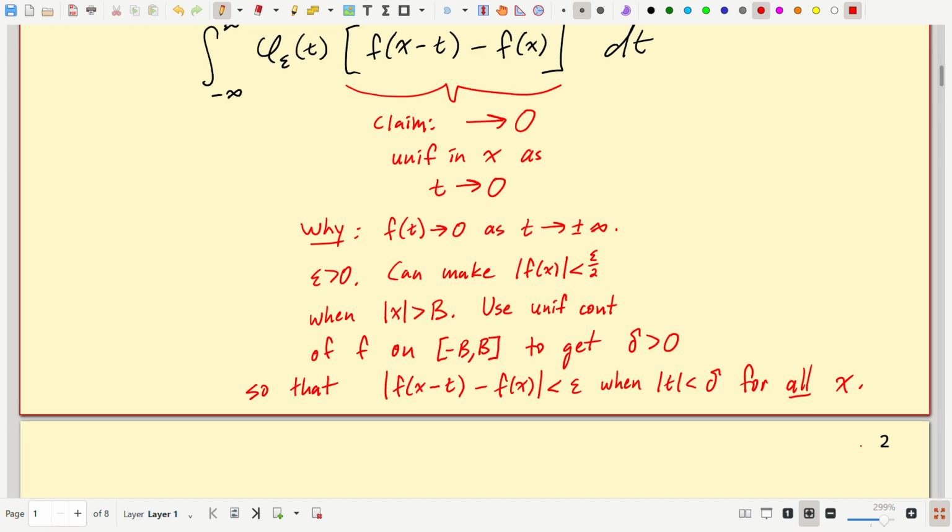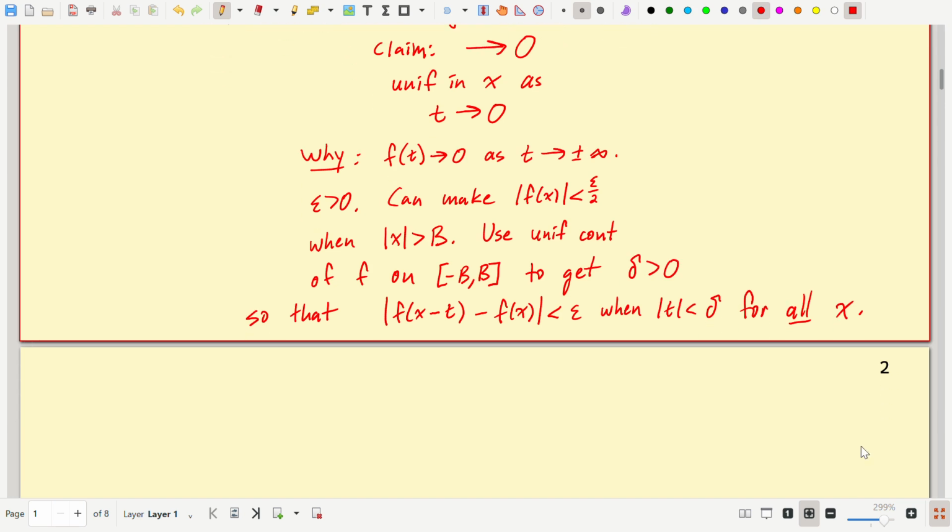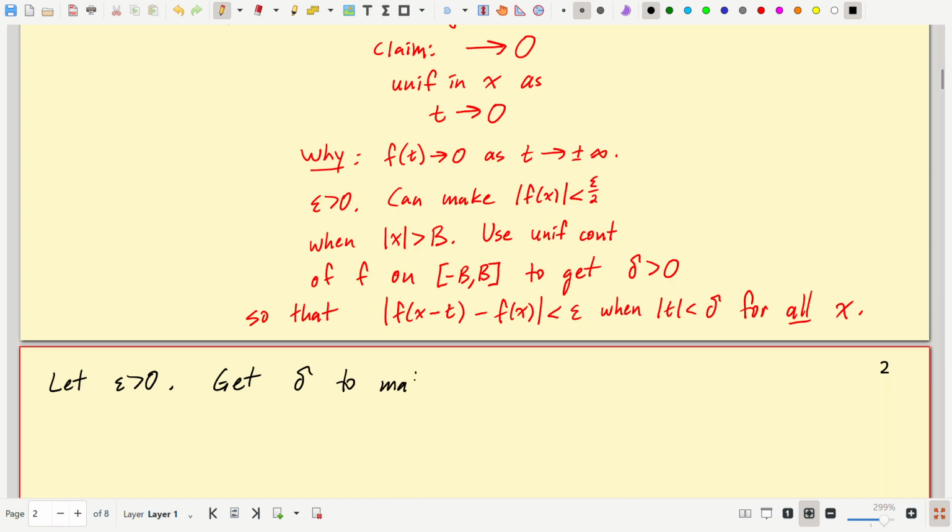Anyway, once you have that, you let epsilon be bigger than 0. You get the delta as above, to make f of x minus t minus f of x less than epsilon.